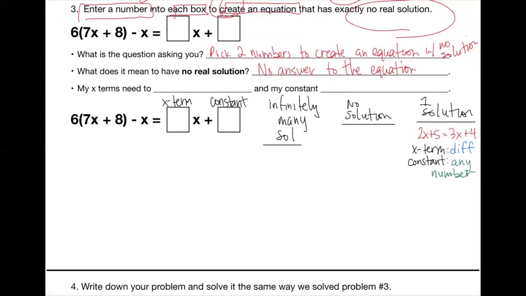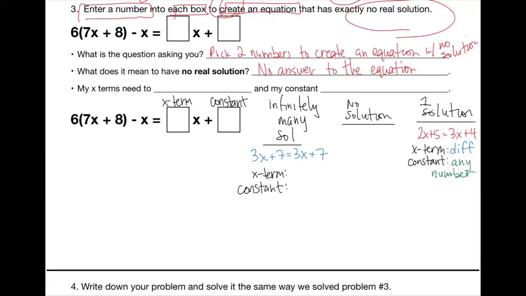Infinitely many solutions. So if I want to create an equation that has infinitely many, it looks like this. 3x plus 7 equals 3x plus 7. What do we notice about the x term? What do we notice about the constant?